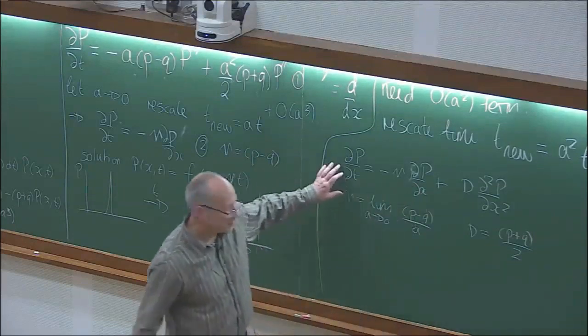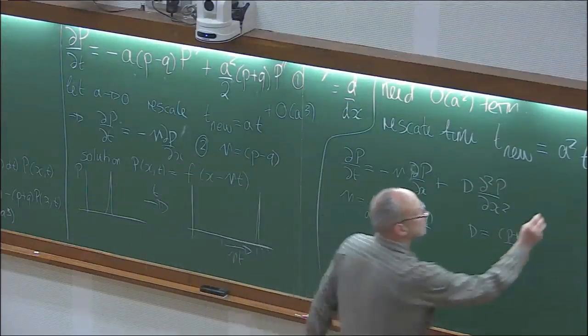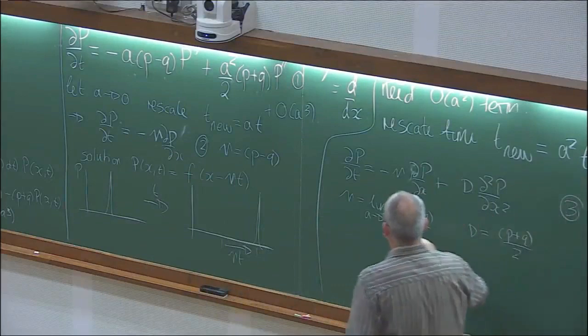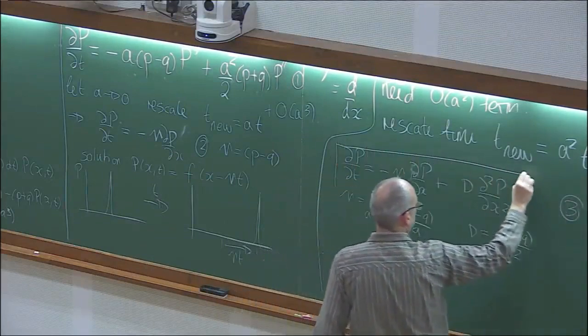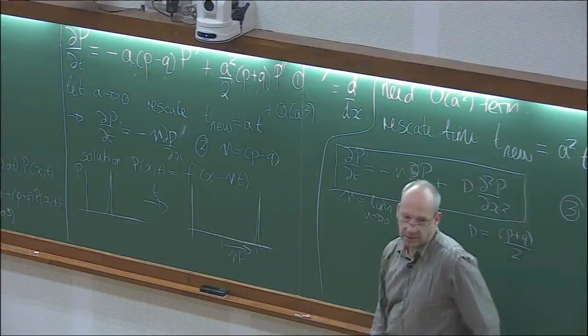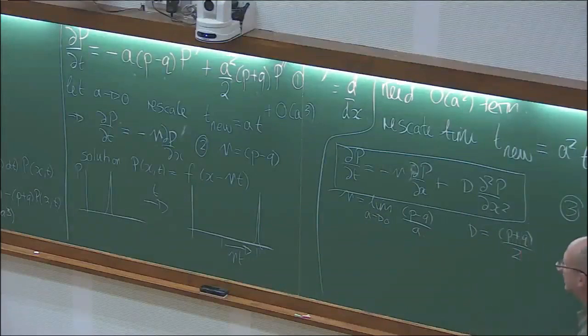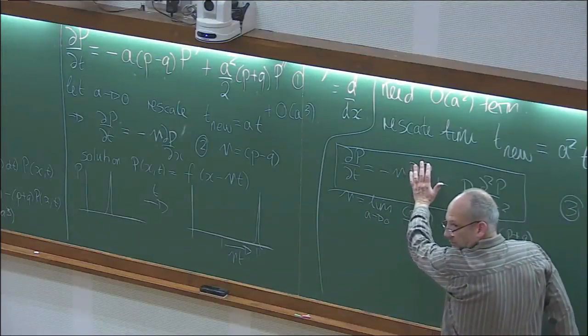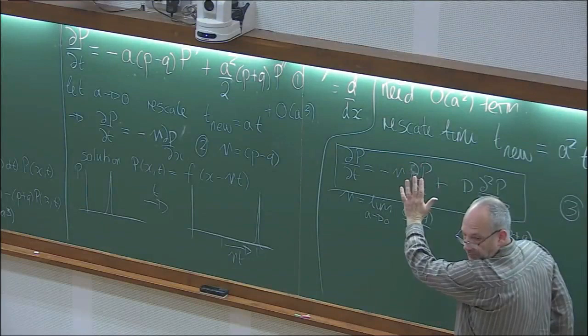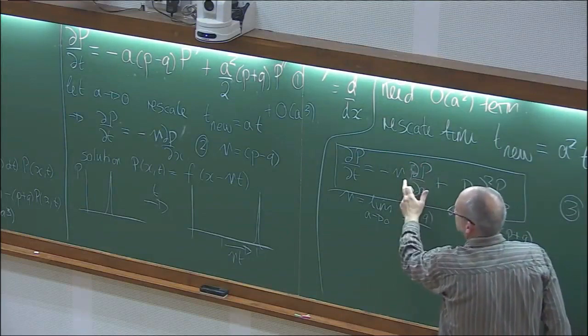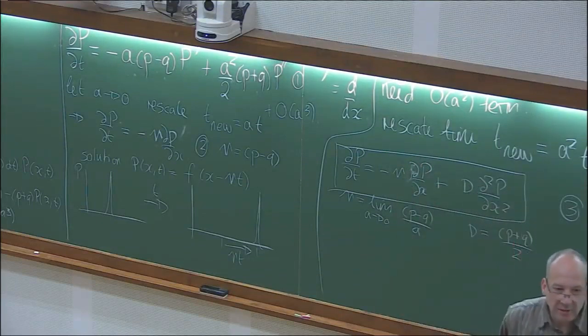And so this is, of course, something you should recognize. If I didn't have this term, it would be the diffusion equation. So all this is diffusion, and this term is usually called the advection term.